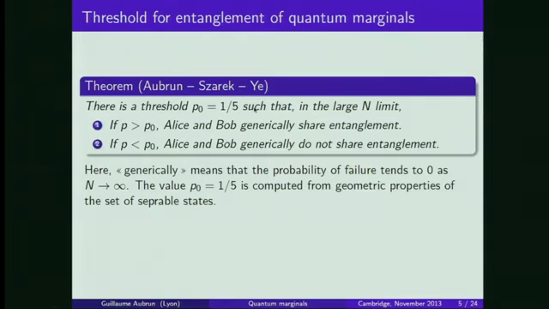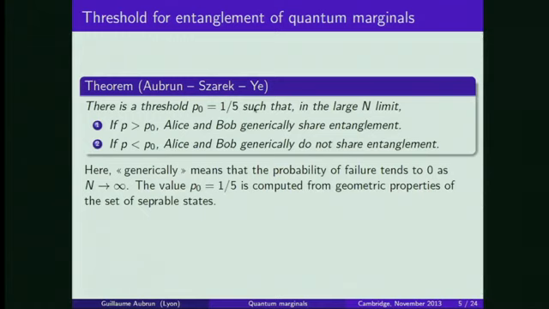So here is the answer for this problem. It's our main theorem. There is a critical value, some threshold P0, which is equal to 1/5, such that in the limit when n is large, if you give to Alice and Bob a proportion which is slightly larger than P0, then they will share some entanglement.